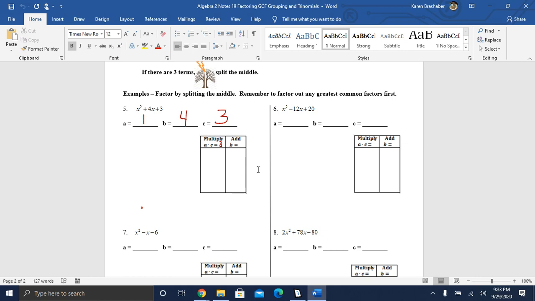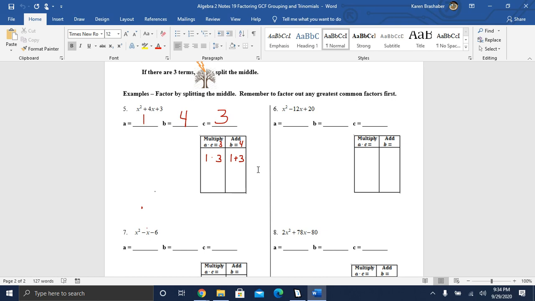And then we're going to look at what adds to the b term. The b in this problem is 4. Well, we're going to make a list of numbers that multiply to 3. And fortunately, that list is not very long. Only 1 and 3 multiply to 3. And fortunately, 1 times 3 is 3, and 1 plus 3 is 4. So we have found the combination that's going to work for us.